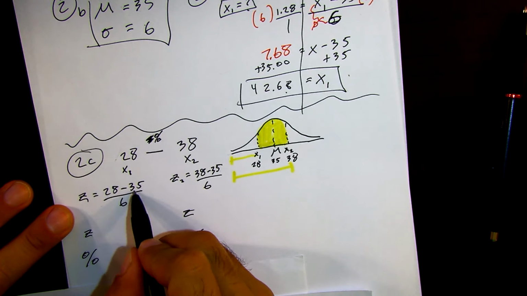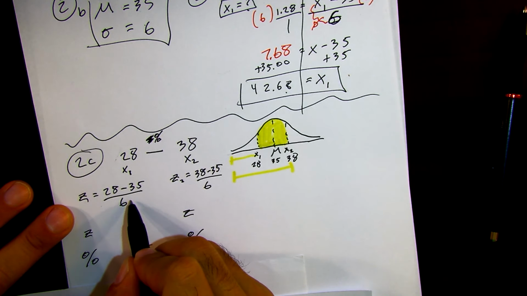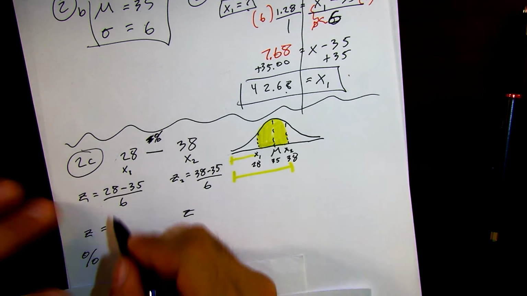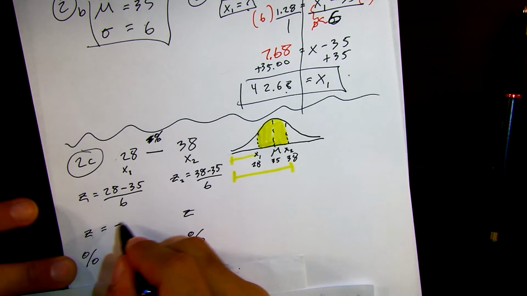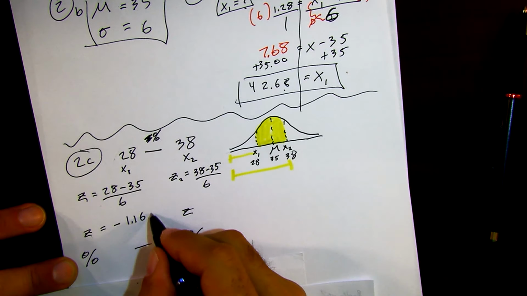This is going to be negative 7 over 6. I'll just do it. So we get negative 7 divided by 6. All right, so this is going to give us negative 1.16 repeating.